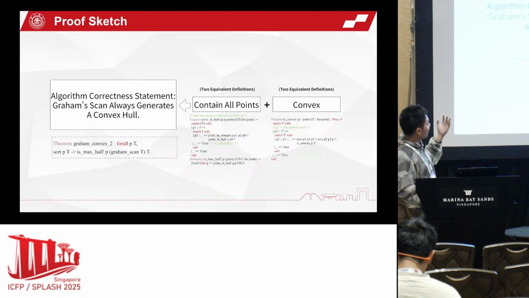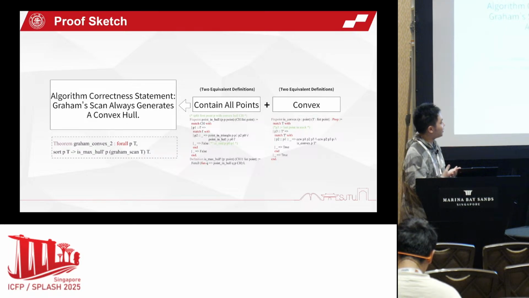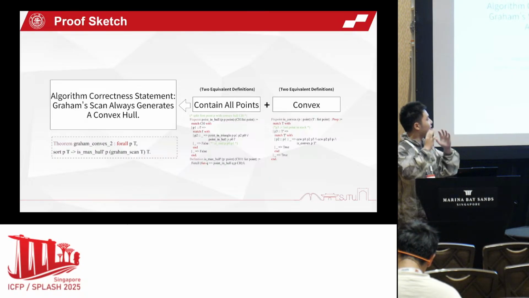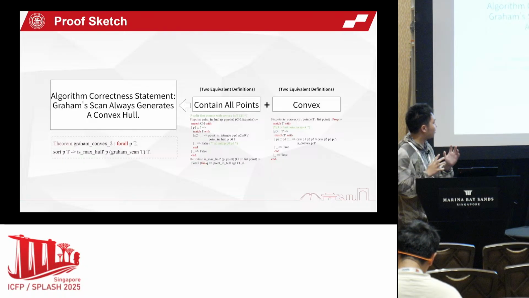And the final correctness we want to verify is that the algorithm always generates a convex hull, which is divided into 2 sub-properties. The final hull contains all the given points, and it is itself a convex polygon.